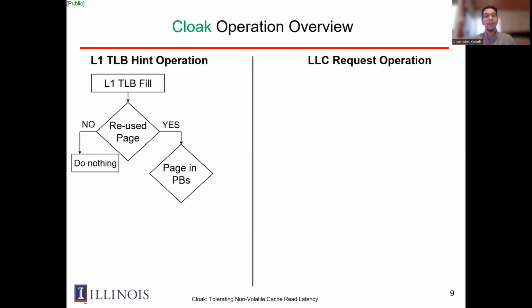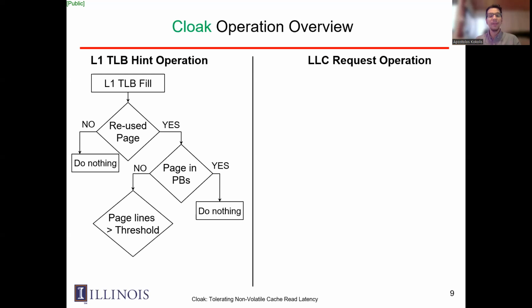Then the L3 memory controller needs to check whether this page is already activated in one of the page buffers. If it is already activated in one of the page buffers, then we take no further action. If it's not, then we have to check how many cast lines of this page are actually present in the LLC at this time.